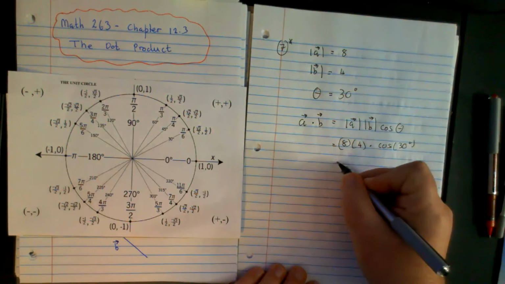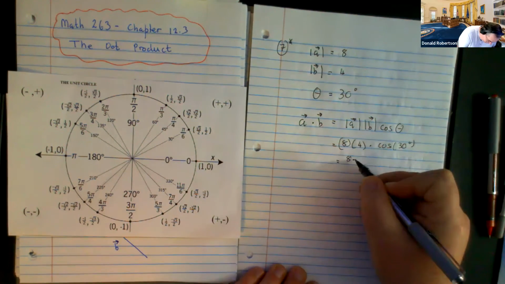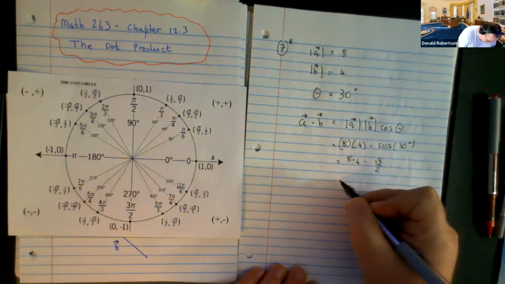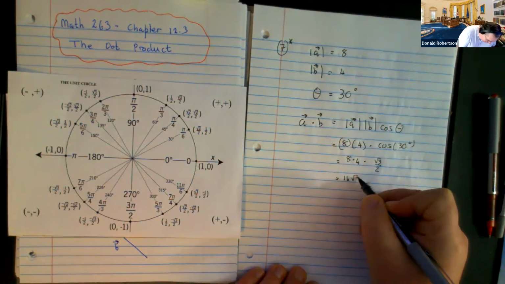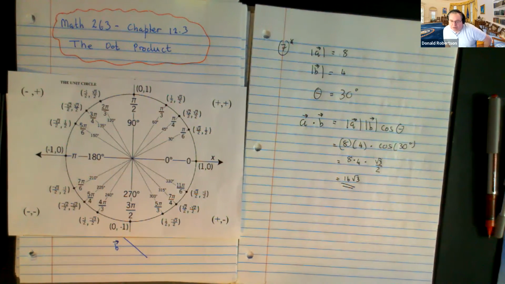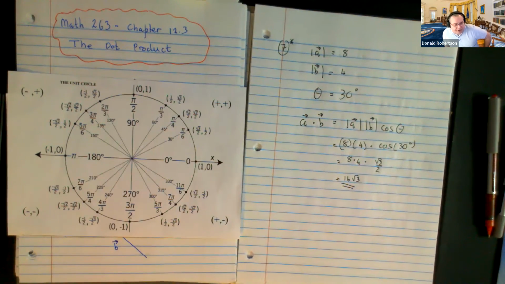So what you have is 8 times 4 times root 3 upon 2. That partially cancels. And I believe the answer is 16 root 3. Would you agree it's just a plug and chug, right? Plug in the 8 for A, plug in the 4 for B, and find the exact value of the sine or cosine. And you might want to find a unit circle, at least for the exact answers.